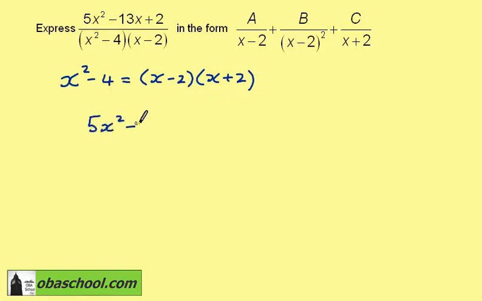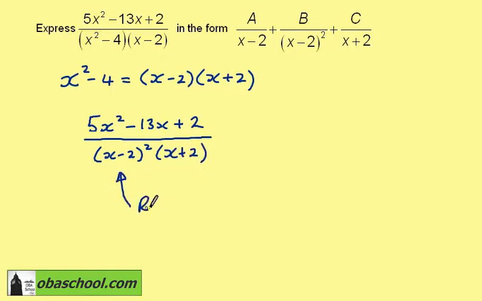If we now look at the original expression, we can rewrite the denominator so that it's (x − 2) all squared, because we have this x − 2 and this x − 2, multiplied by the x + 2.